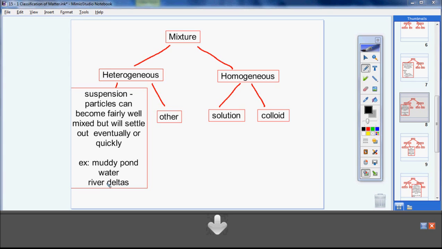Okay, so make sure you write down that a suspension is a heterogeneous mixture. The particles can become fairly well mixed, but will settle out eventually.